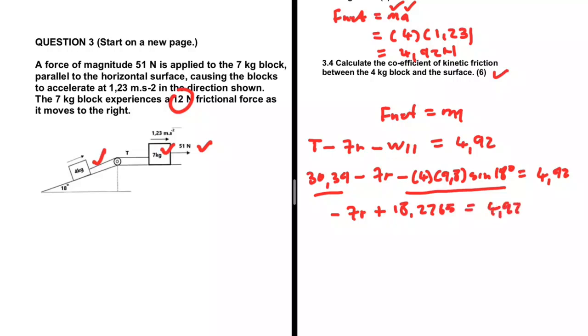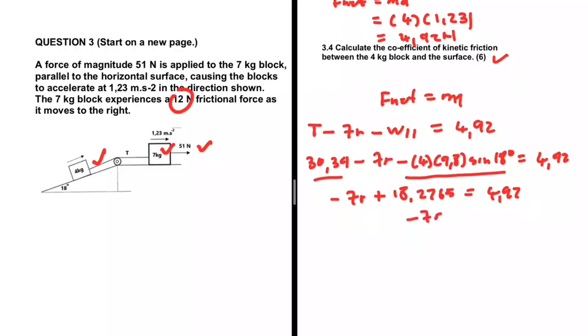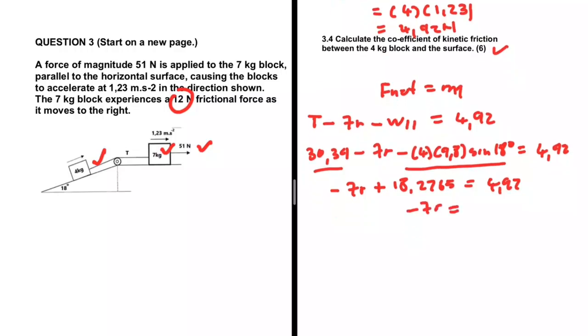So let's take these to the right hand side. Minus the frictional force equals 4.92 minus 18.2765.